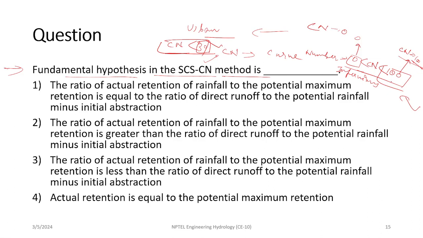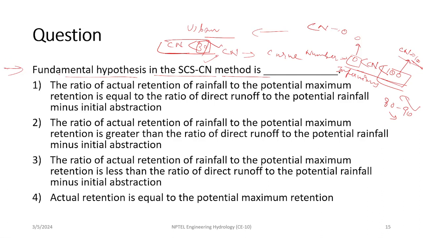But if the curve number is nearly 80 to 90, then you can say there is a major portion of water which is retained in the soil itself, that will be counted.